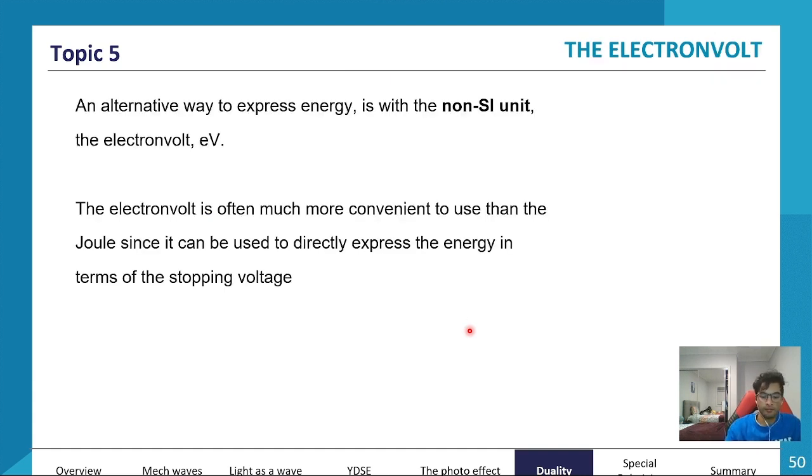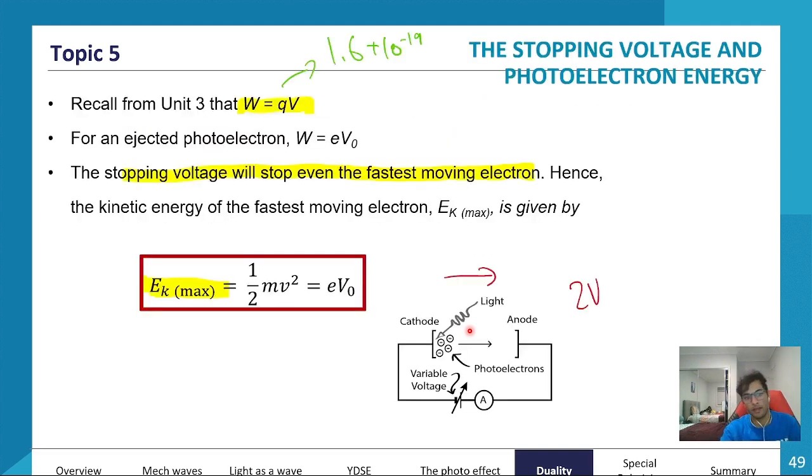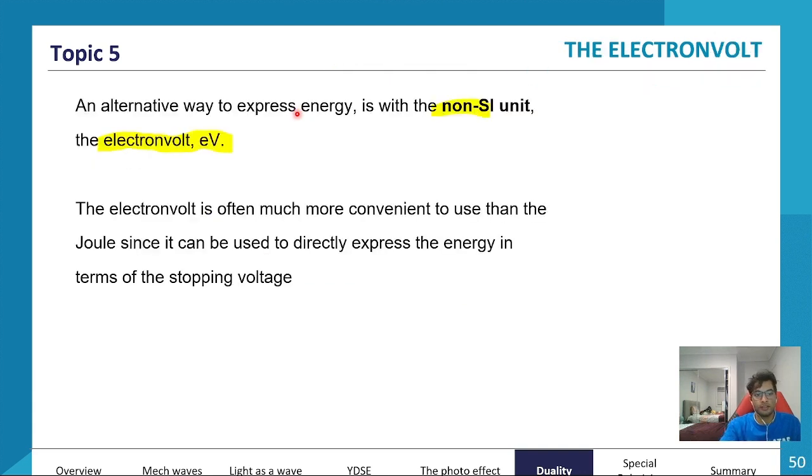There's another unit to calculate energy, and it's a non-SI unit called the electron volt. Since we're multiplying everything by 1.6 times 10 to the negative 19 a lot, just to help out, we use a different unit called the electron volt.